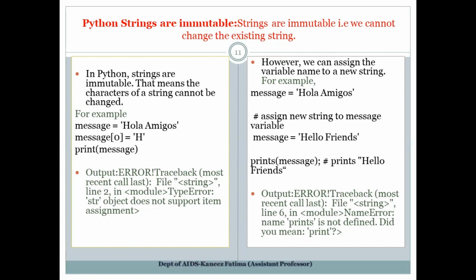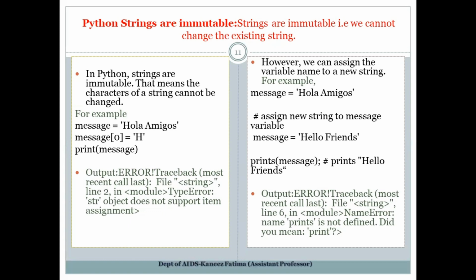That means that the variable message, which you have declared as a string with "hola amigos", and you want to change the character at index 0, gives an error. However, we can assign the variable name to a new string. First it was "hola amigos", another time we give message the value "hello friends", and then print message, and it prints "hello friends".